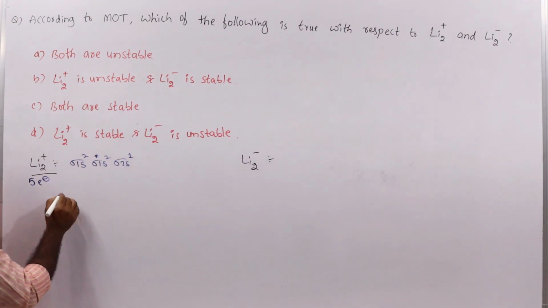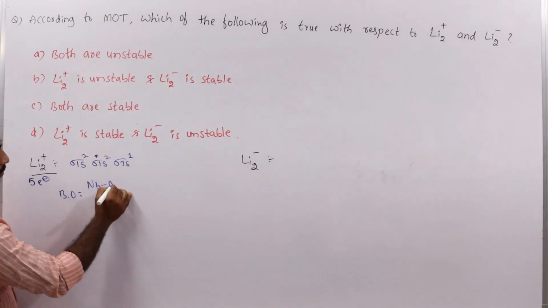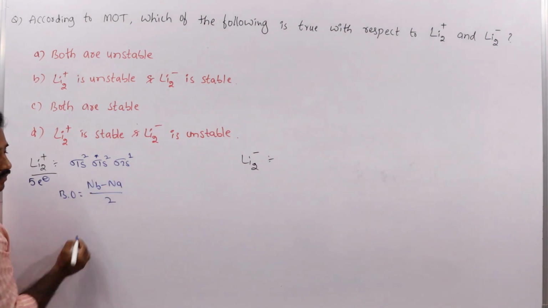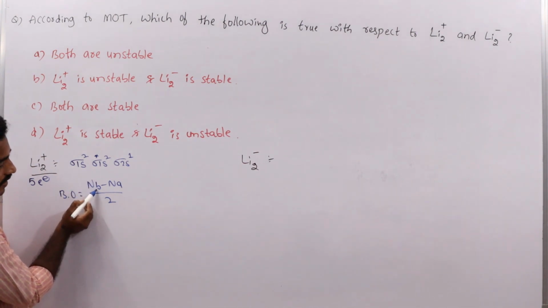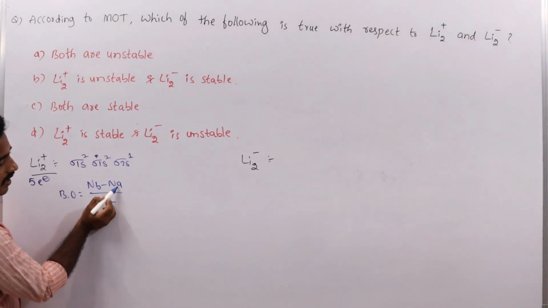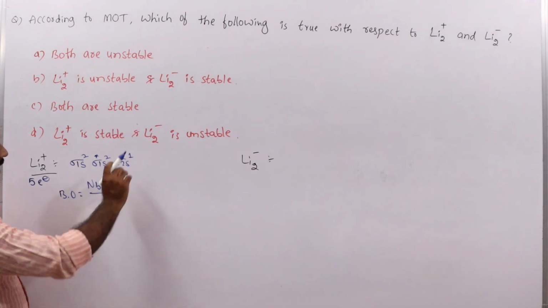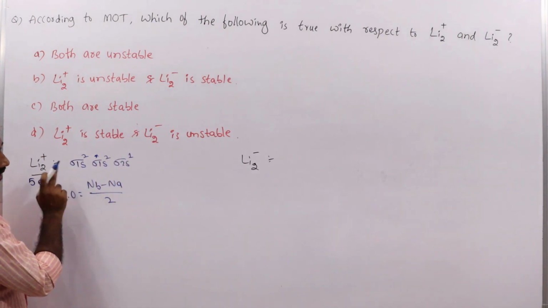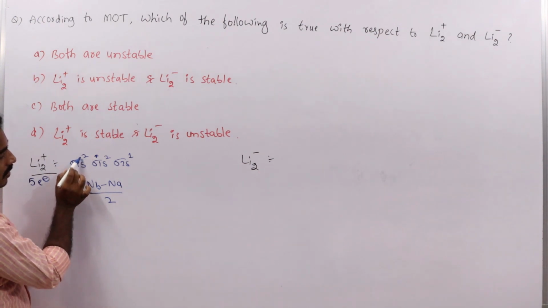To find the bond order, the formula is (Nb minus Na) by 2, where Nb is the number of electrons in the bonding molecular orbitals and Na is the number of electrons in the anti-bonding molecular orbitals. How many electrons are there? This is a BMO, bonding molecular orbital, here 2 electrons.